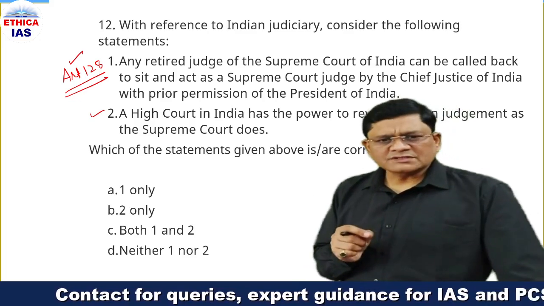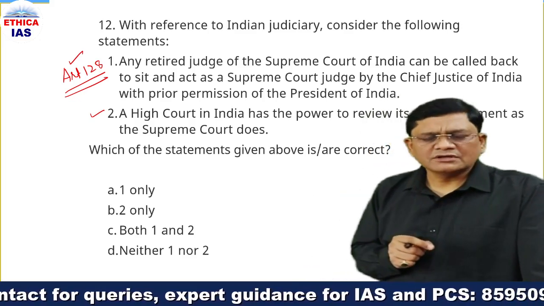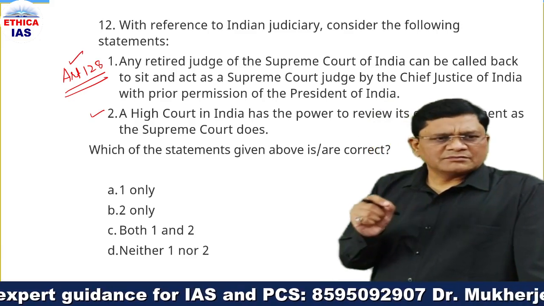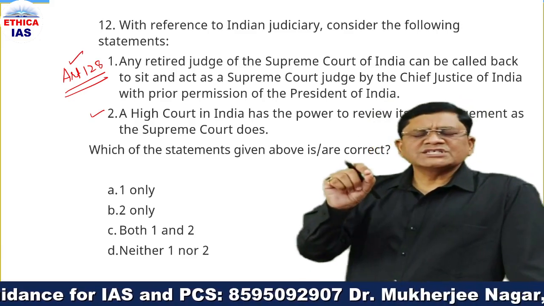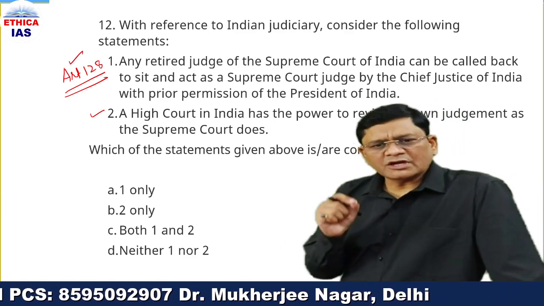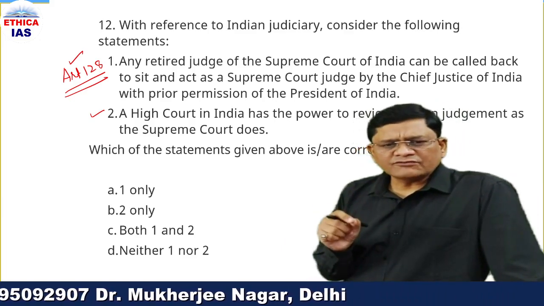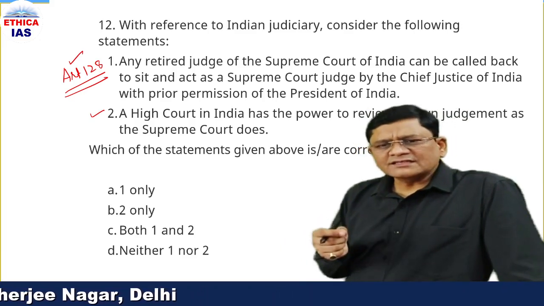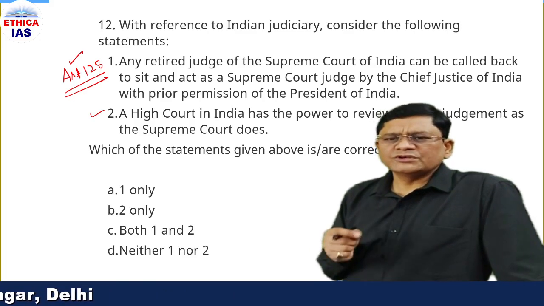Therefore, because High Court is a court of record, as mentioned in Article 215 in the Constitution, under Article 226 High Court has its discretionary power to review its own judgment.